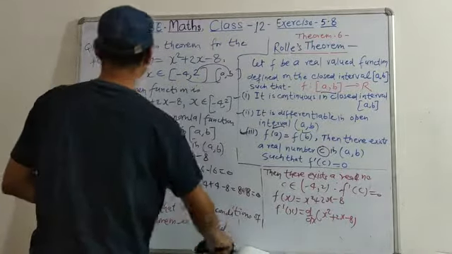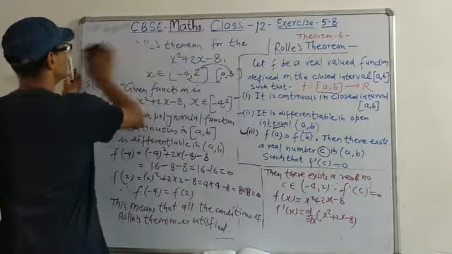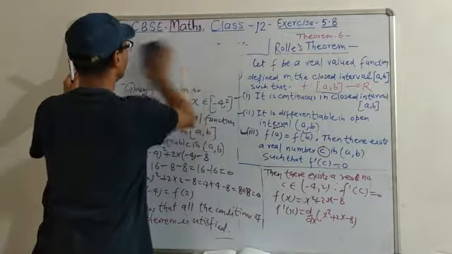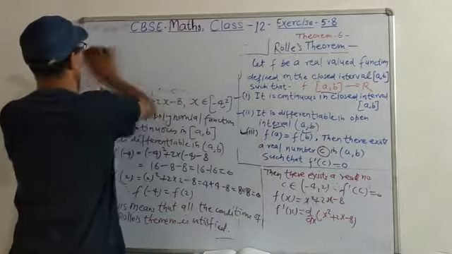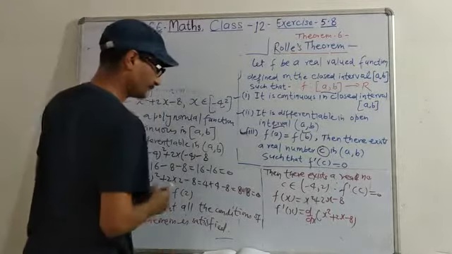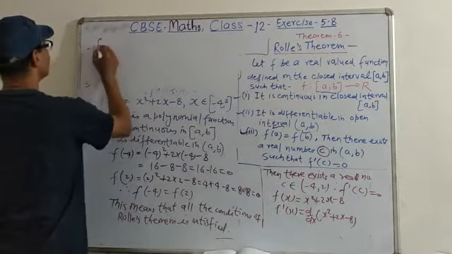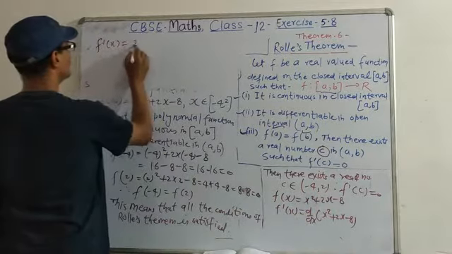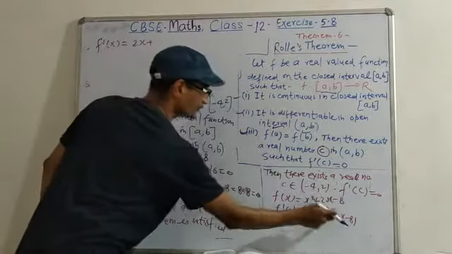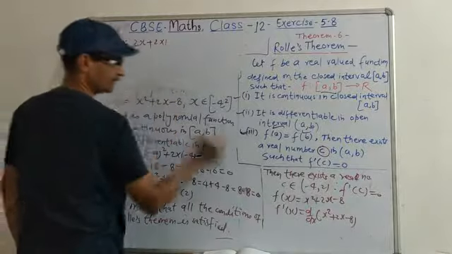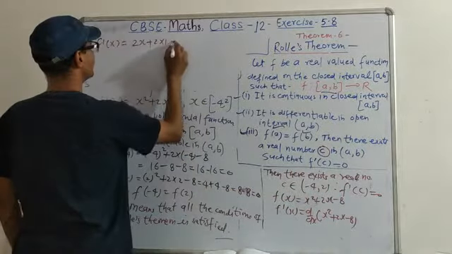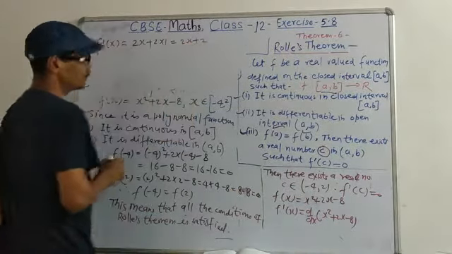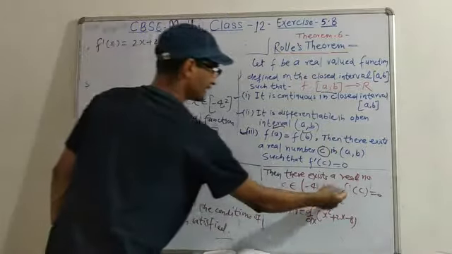We find the derivative of this function. Derivative of x square is 2x, derivative of 2x is 2 into 1, and the constant is 0. That means 2x plus 2, and f dash is equal to 0.